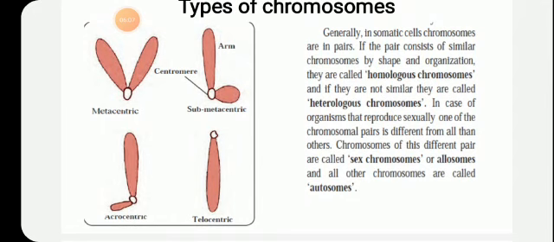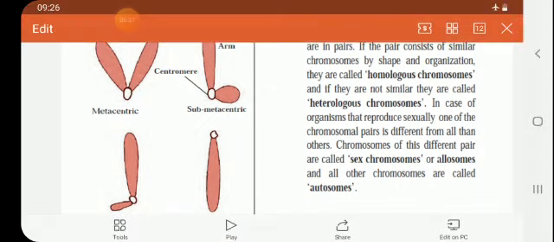The acrocentric chromosome looks just like the letter J of the English alphabet, wherein one arm of the chromosome is longer than the other.